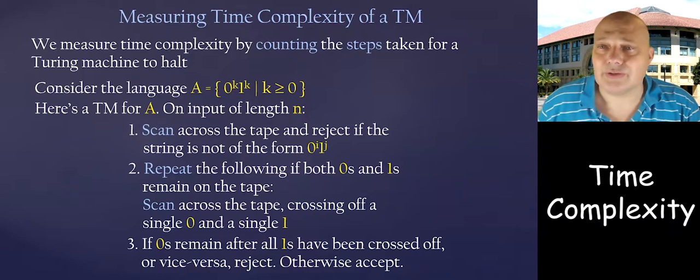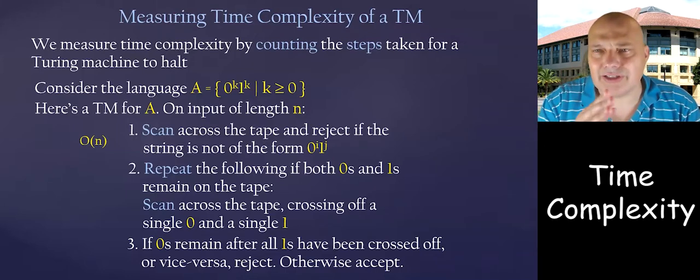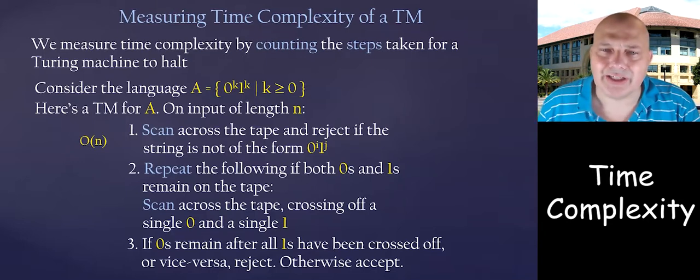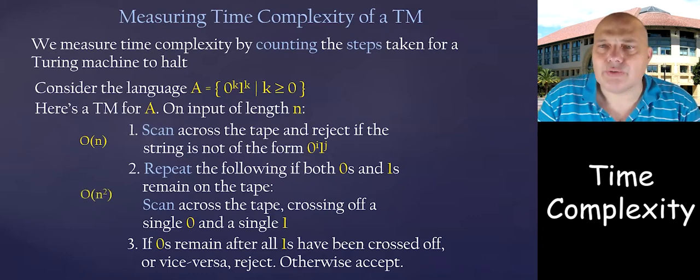And now we'll ask, what is the time complexity? So the first step takes order of n. Just n operations. It's just one scan, and you're doing something very minimal at every step. This could have been done by a DFA. So you scan and go back, for example. Then the next step will take n squared.